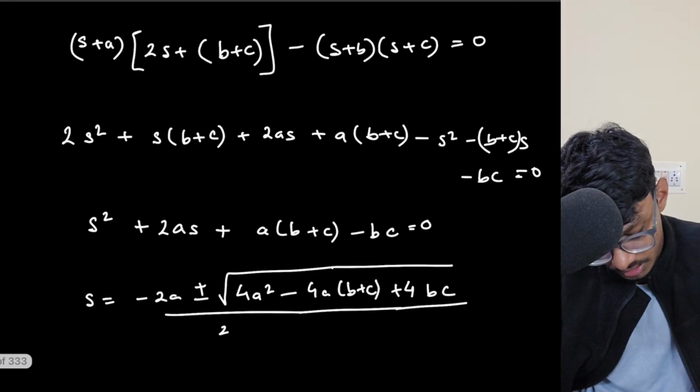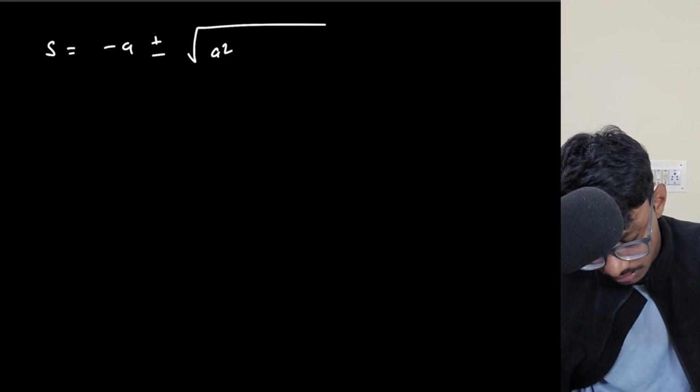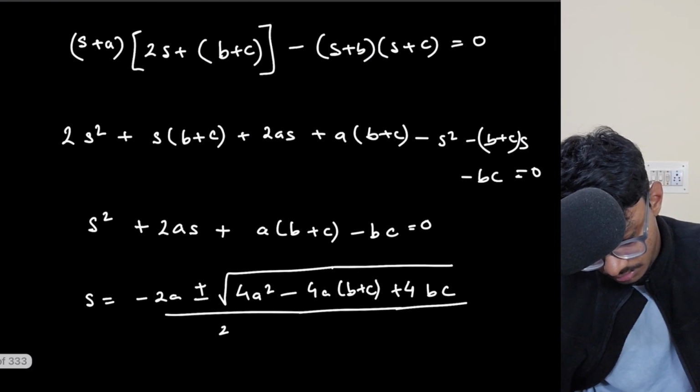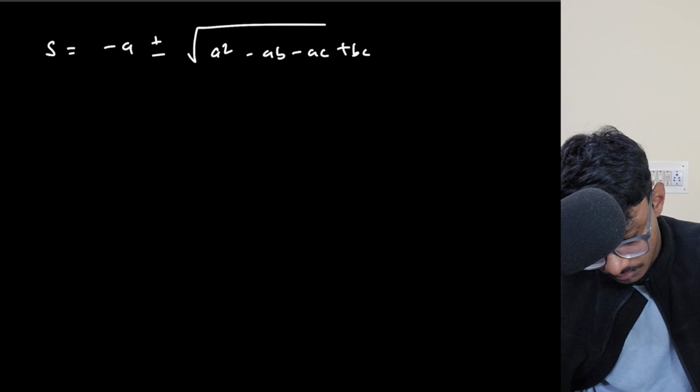So this will become a square minus a square minus ab minus ac plus bc.